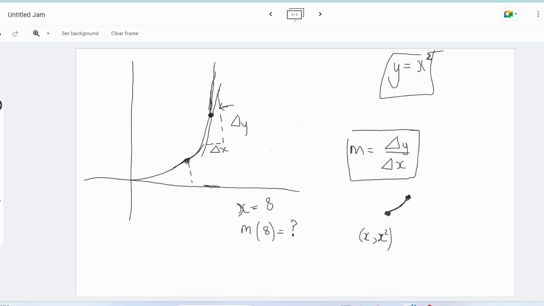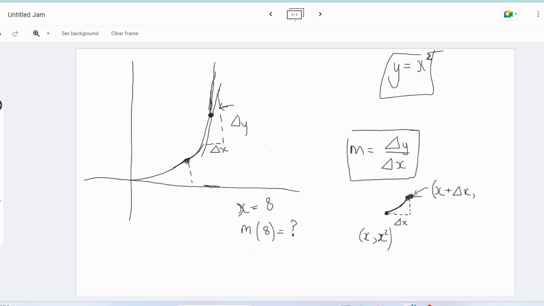And if I go forward a distance delta x, just like we were doing with straight lines, what are this point's coordinates? Well, I've gone forward a distance delta x. So my new x coordinate is x plus delta x. That's what delta x means. What about delta y? What's the change in y?